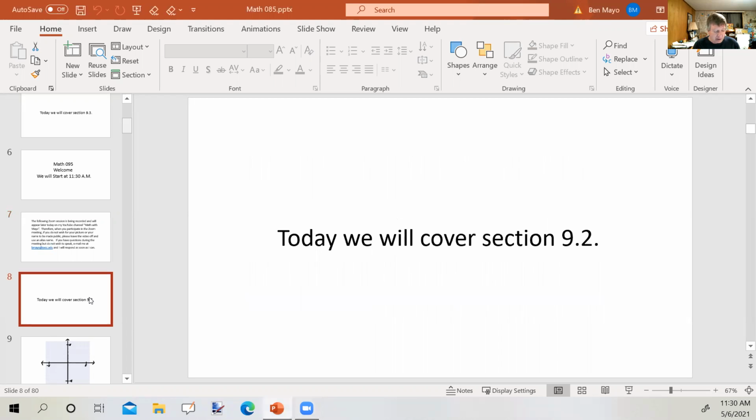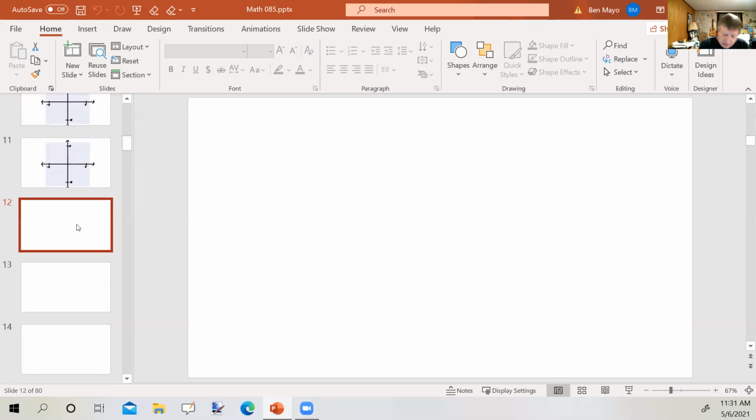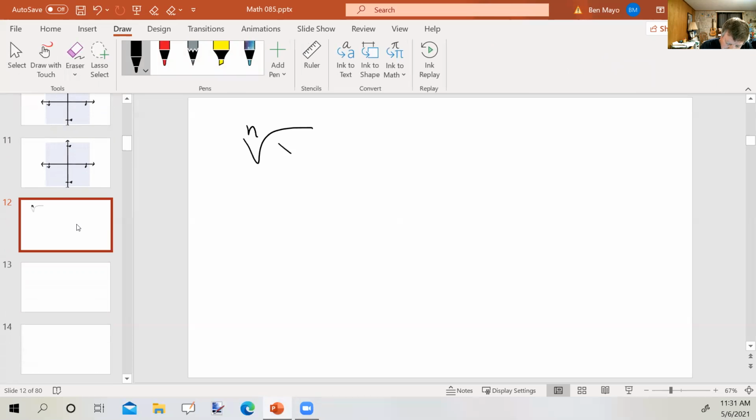All right, so today we're going to go on to section 9.2, rational exponents. And we have the following idea. If you have, let's say, the nth root of x, and we wanted to write that radical in exponential notation, that would become x to the 1 over n.